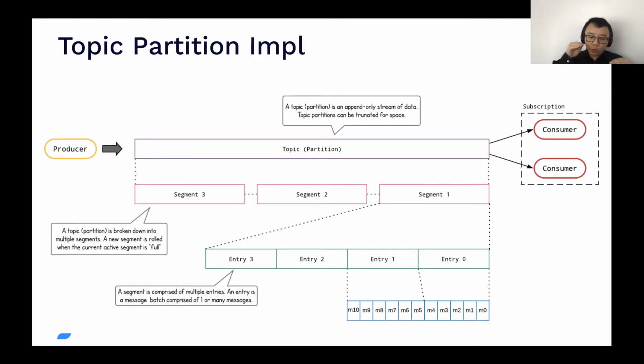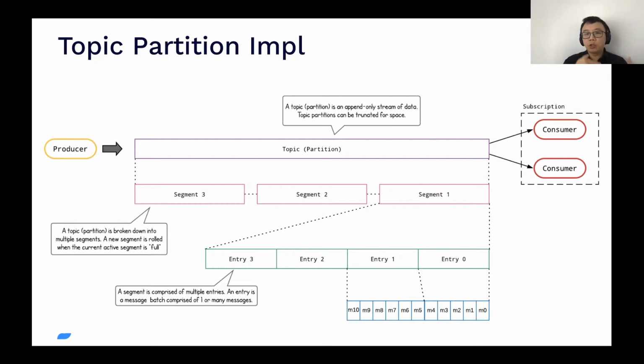If we zoom in on a topic partition, when Pulsar implements it, it doesn't just map an individual partition into a file. It breaks a partition down into multiple segments, and a new segment is rolled over when the current segment becomes full.